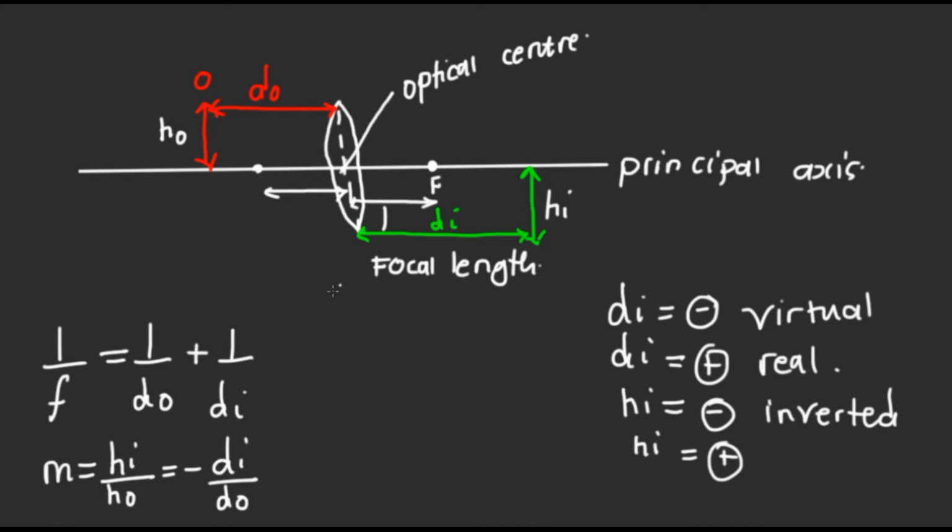Now let's look at an example. Let's say we have a ray diagram with a focal length of 6 centimeters, a distance of an object of 8 centimeters, and a height of an object of 2 centimeters.